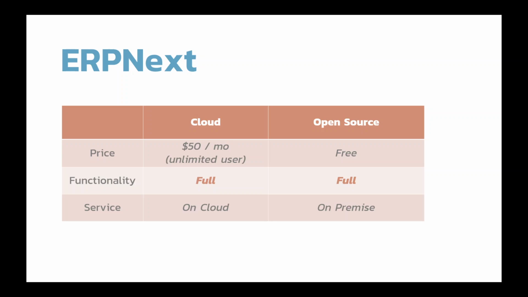This is the new kid on the block. ERPNext is developed by a company in India, and the business model is that it's open source software, totally open source, meaning that it's also free, but with full functionality. So they don't block any functionality if you want to use the software.